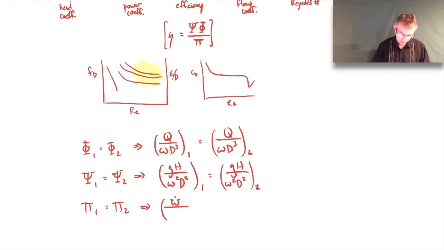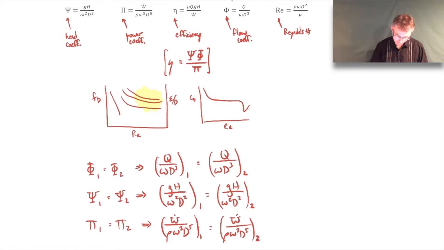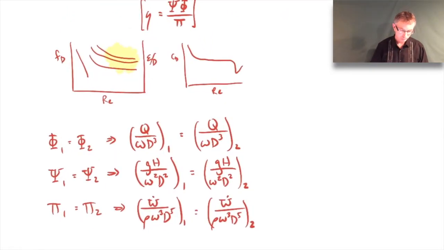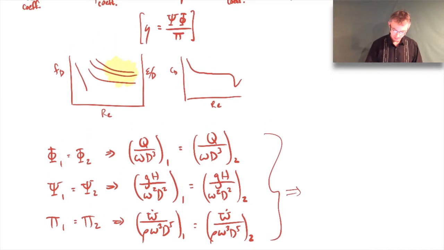So here's the dimensionless power coefficient. Just make sure I've got those right. Okay. And if we can hold these constant between scale 1 and scale 2, then, because the efficiency can be written in terms of those coefficients, we'll know that the efficiencies will be the same.